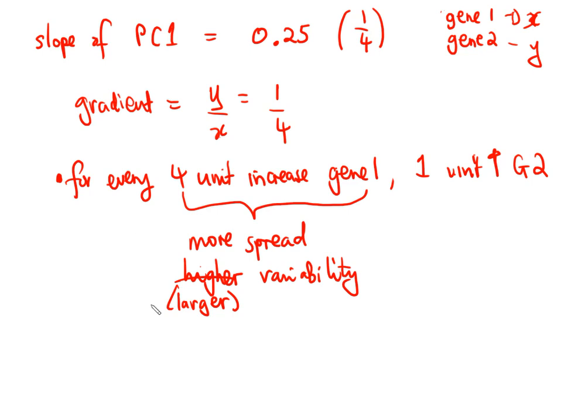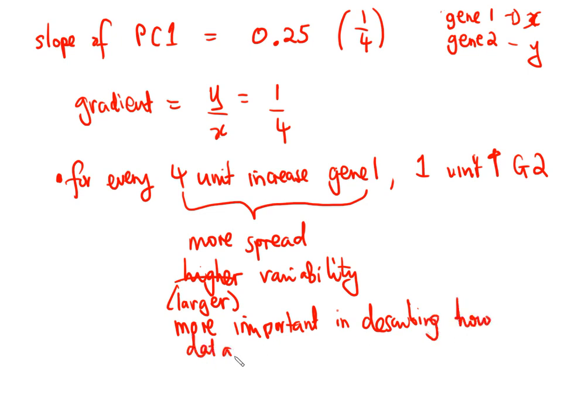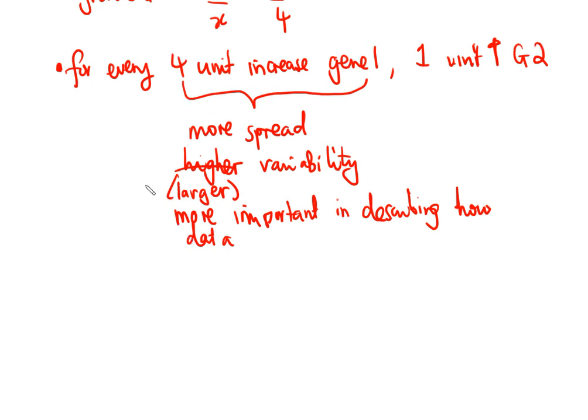What that also means is gene 1 compared to gene 2 is more important in describing how data is spread out. So these are the conclusions that we're getting from just the gradient of the PC1 line.